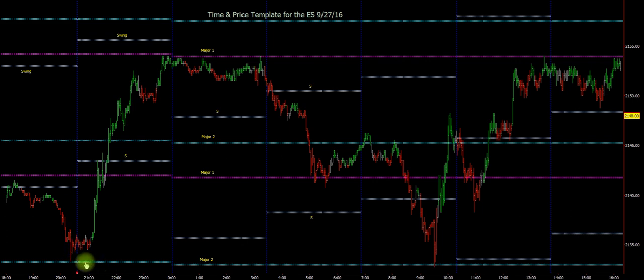This was your major 2 line, right? And we touched it, and then the new time window began, and we kind of chopped around, and then we took off. This is a huge setup right here. This took a little more patience, but if you notice, we've got 2 lines here for the majors, and we're in that time window of 13 minutes.